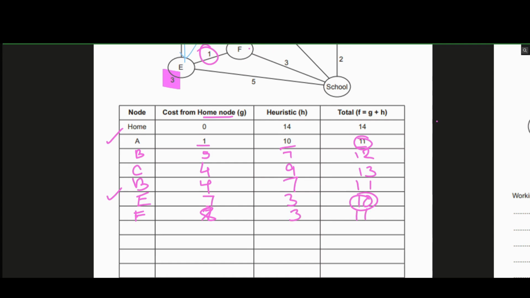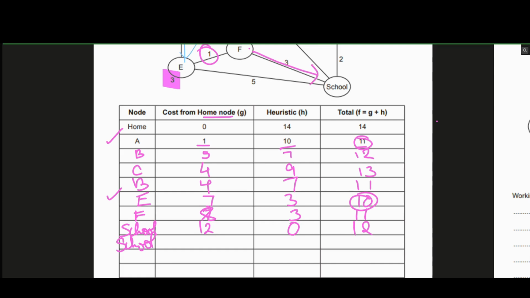Now I can go to school as well. School is going to be 7 plus 5, which is 12, and heuristic for school is 0, I am not given it. So I also have 12. Now I can go from F to school.